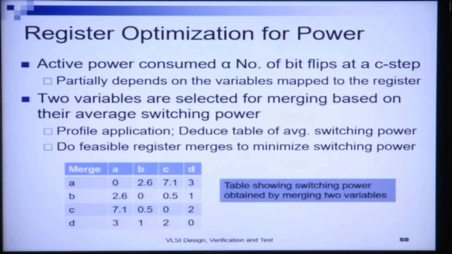And hence the temporary variables at the output of these operations also tend to have similar values and values within similar ranges. And therefore, if I have two variables, in the first I have most of the values changing in the lower order bits.